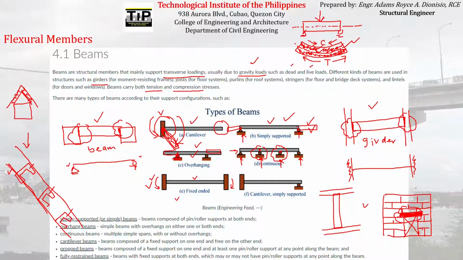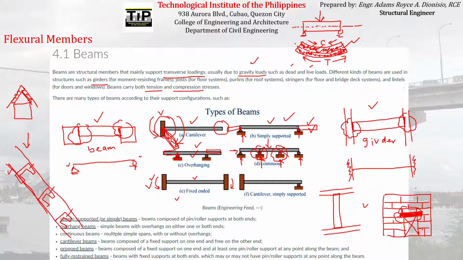Kumbaga, kahit tanggalin mo siya dyan, yung structure mo hindi naman guguho, it can still resist loads. So when we say redundant, ganun yung meaning niya. Imagine niyo tanggalin natin yung support na to. Tapos may in-apply ka na load. Can the structure still resist the applied load? Yes. Kasi magiging simply supported na lang siya eh. Okay, so ibig sabihin, redundant to.